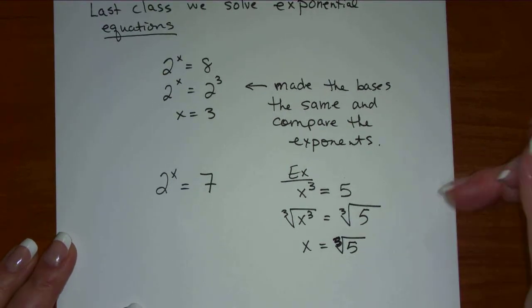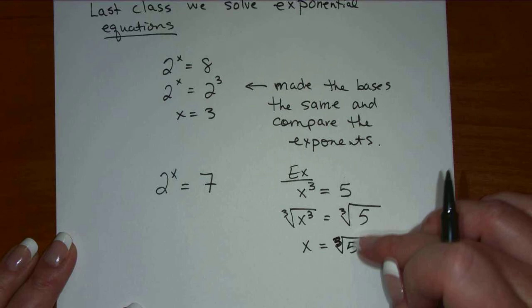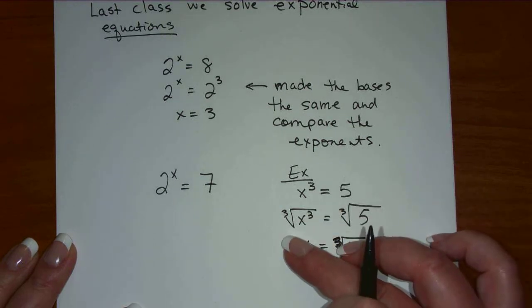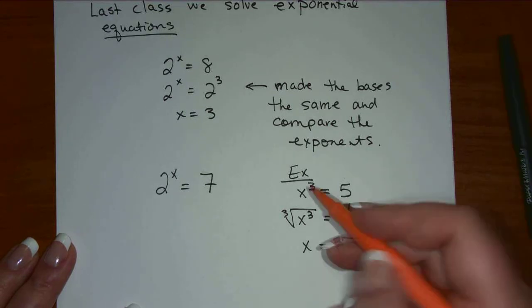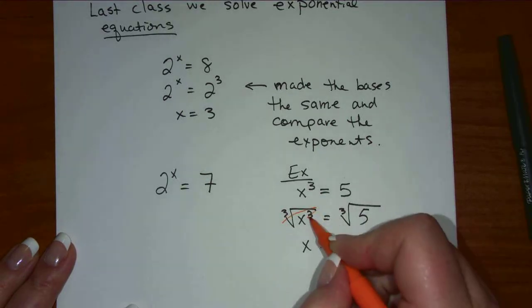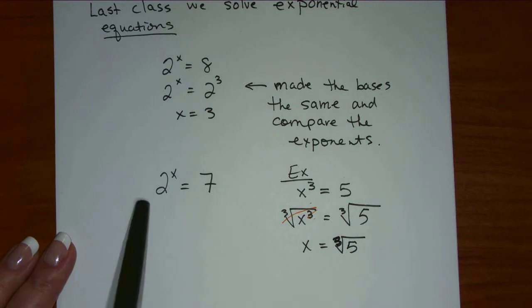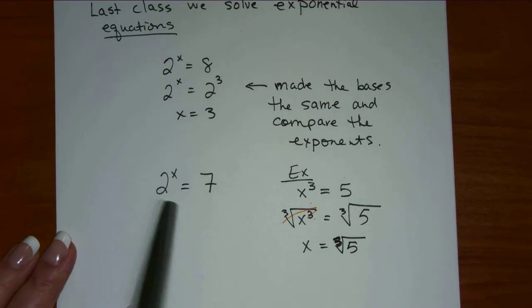So what we do to both sides is what's going to cancel out the cube. We did the opposite, it's called the inverse, because that 3 and that cube root will cancel. We do the same thing here, but the opposite is a log. So what's going to make the 2 cancel? Now remember, we just did these.